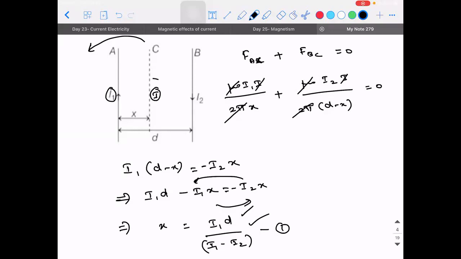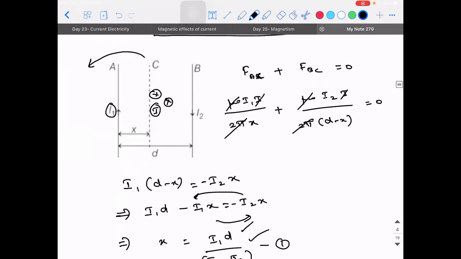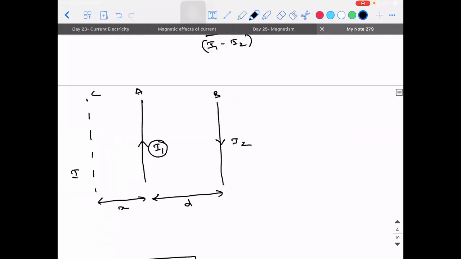It is going to be into the plane. I hope you know that point, right? Similarly, due to B also, it is into the plane at point C. So what we did here is we added both the forces because the magnetic field is acting in the same direction, irrespective of the direction of the current in C.